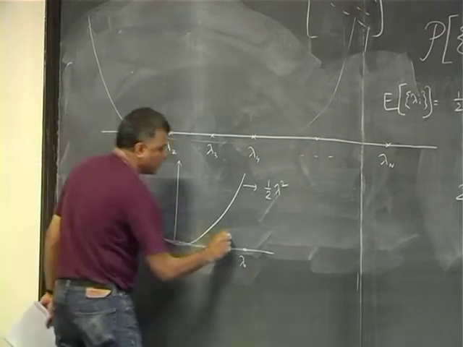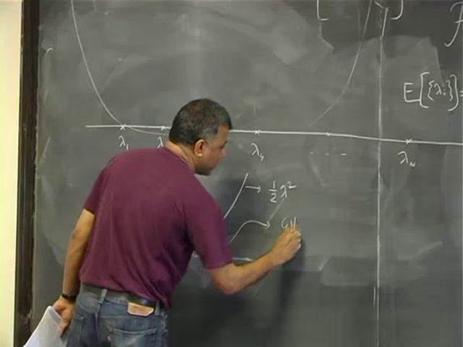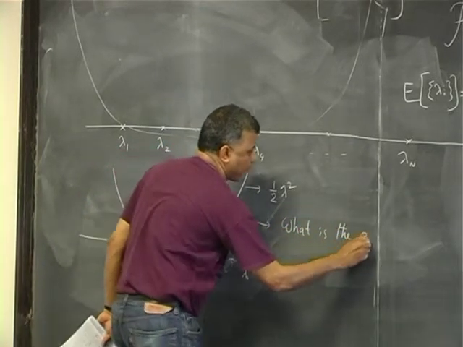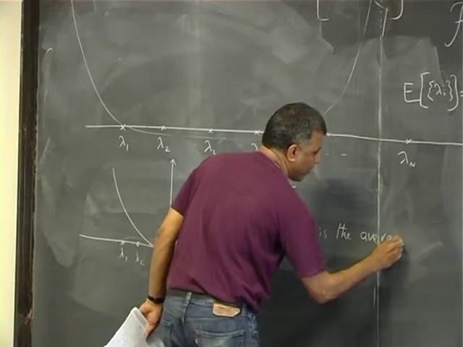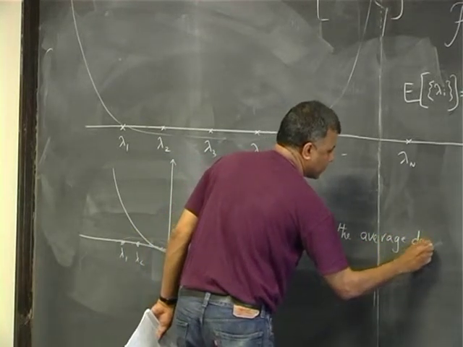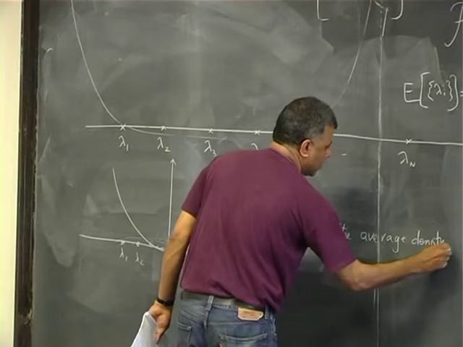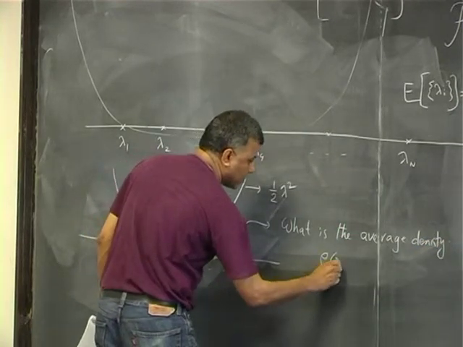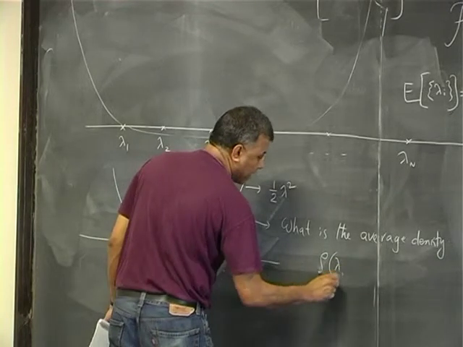So density profile. What is the average density? What do I mean by density? I want to calculate this object, rho lambda for a given n.